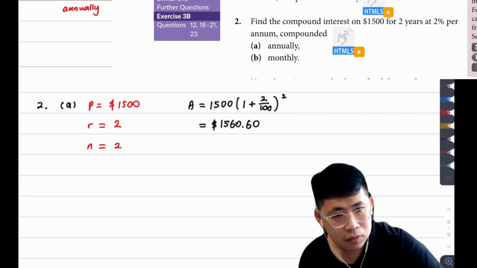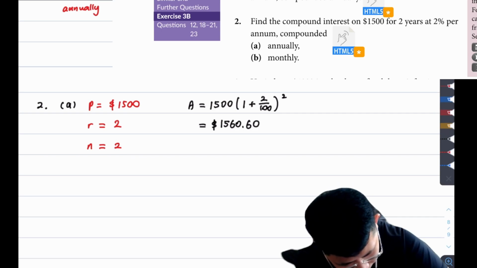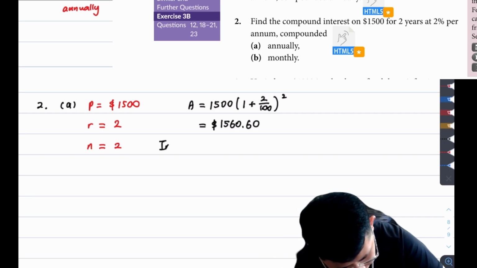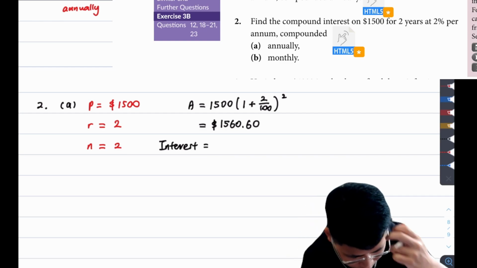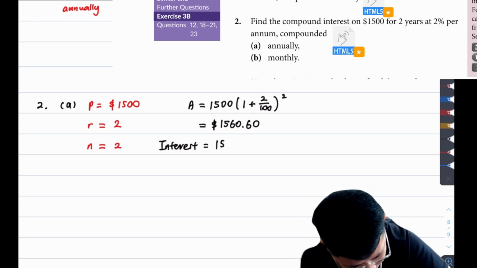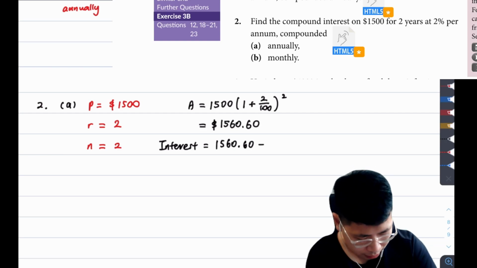This will give me around $1,560.60. Because we're only looking for the interest, we need to take this total amount and minus off the principal value, the original sum.